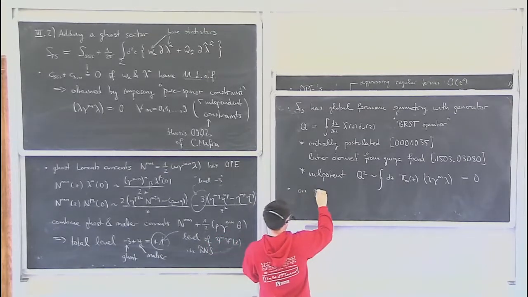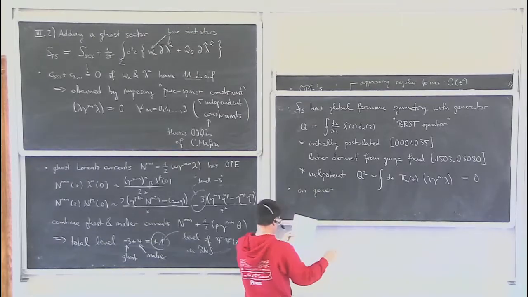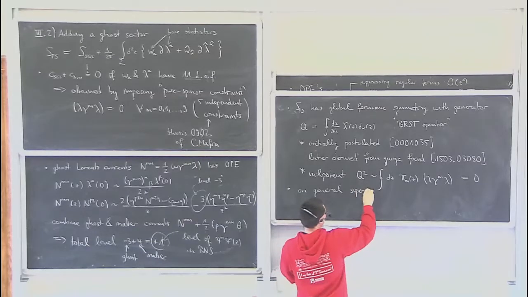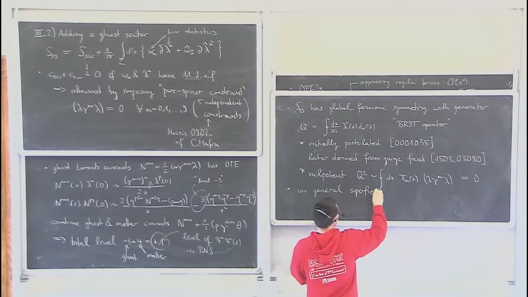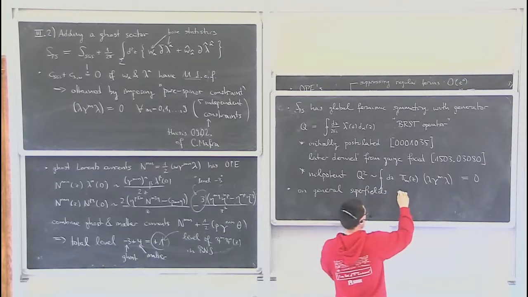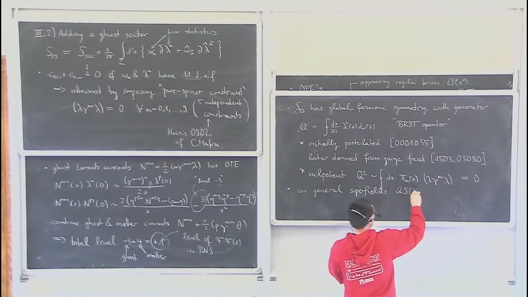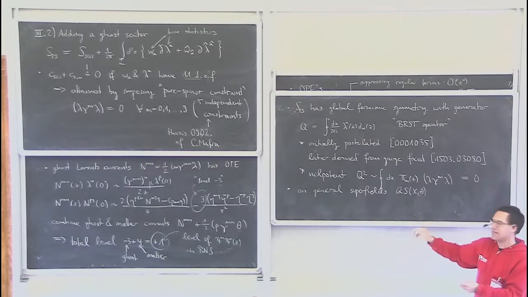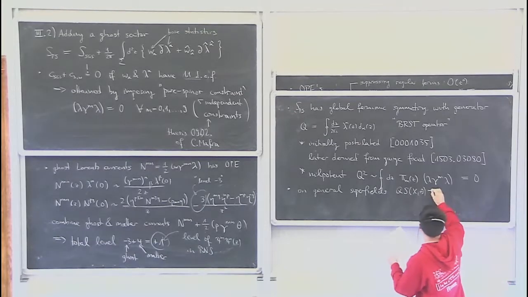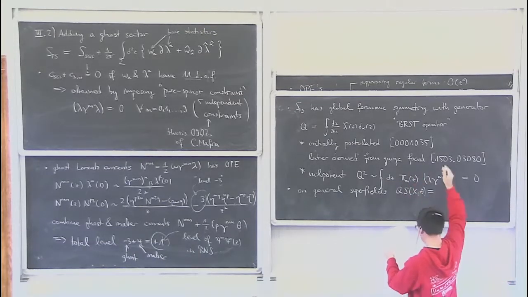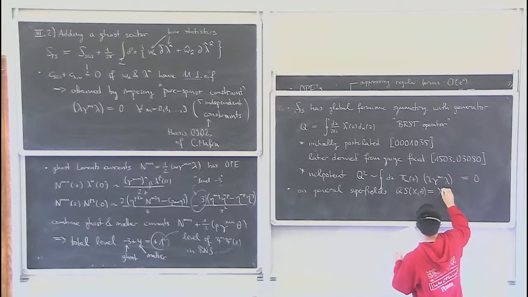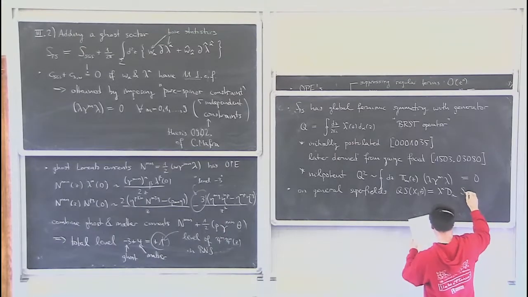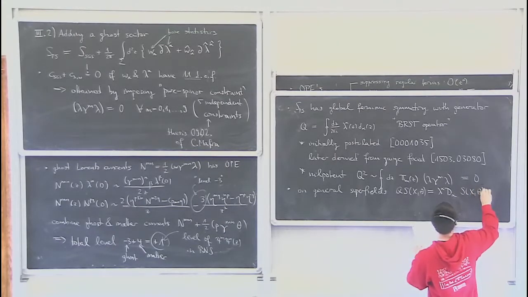Let me just give you one useful formula before. When you act on some superfields, we will shortly construct vertex operators in superspace made of the x and theta variables. Using the OPEs that are hidden on the other blackboard, you'll find that on superfields, the BRST operator acts through the covariant derivative D alpha.